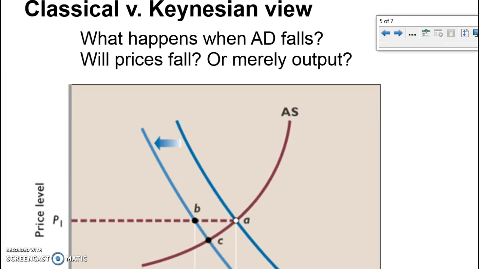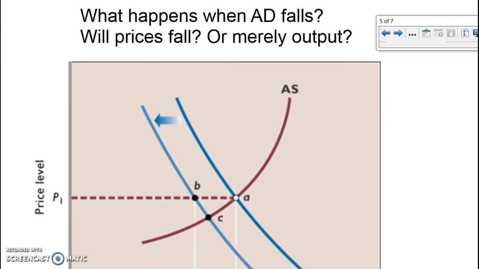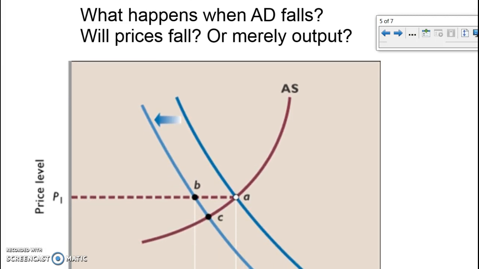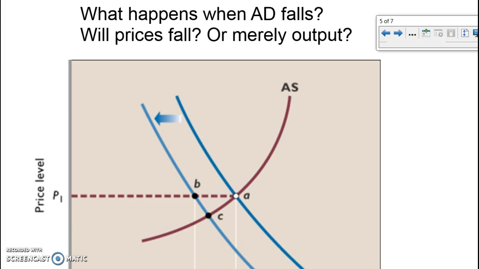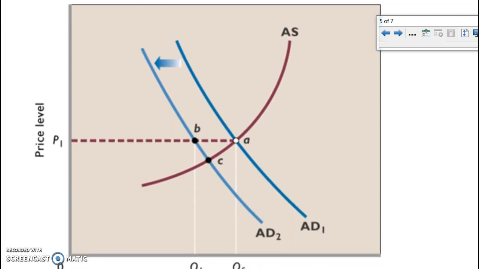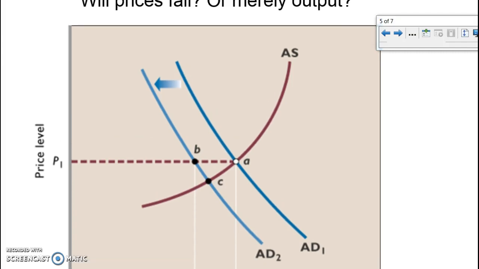The Keynesian economists said that what's going to happen is we have something they refer to as sticky wages and prices, that range one of their aggregate supply curve. If there is this range one, then a decrease in demand is going to decrease output, but it's not going to actually impact prices. So this is what Keynesians think happens.